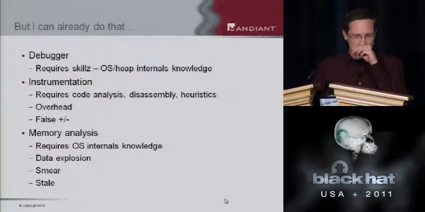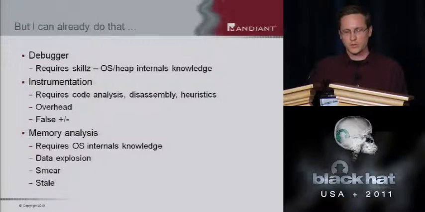So you may say, well, I can already do that with a number of other tools like a debugger or some memory analysis capabilities, but the debugger requires some pretty advanced skills and knowledge of heap internals. Instrumentation using something like Pin or some other type of binary instrumentation is what some other tools use, but that requires some heuristics, disassembly, and code analysis, and it introduces an overhead and a false positive and negative rate that may or may not be acceptable.